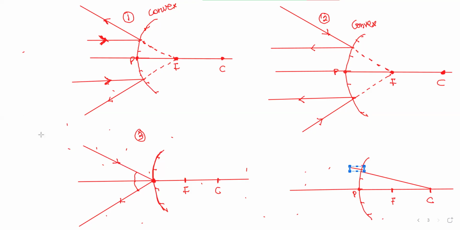So when the ray hits the mirror at 90, it must appear to so incident and then reflected back along the same path. This point is virtual, so we must use broken lines.